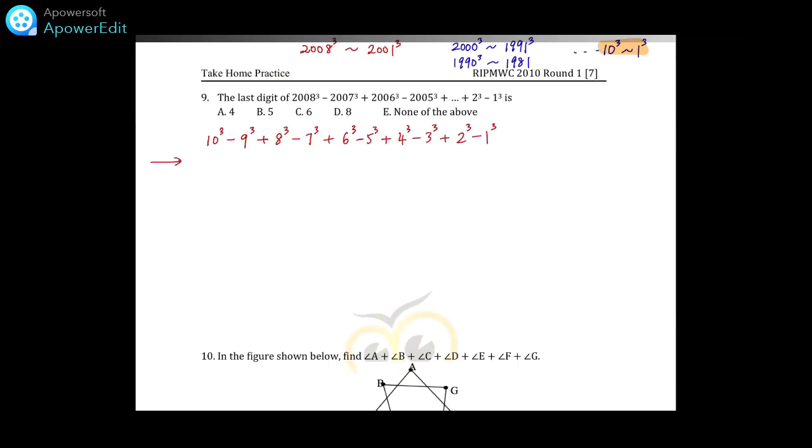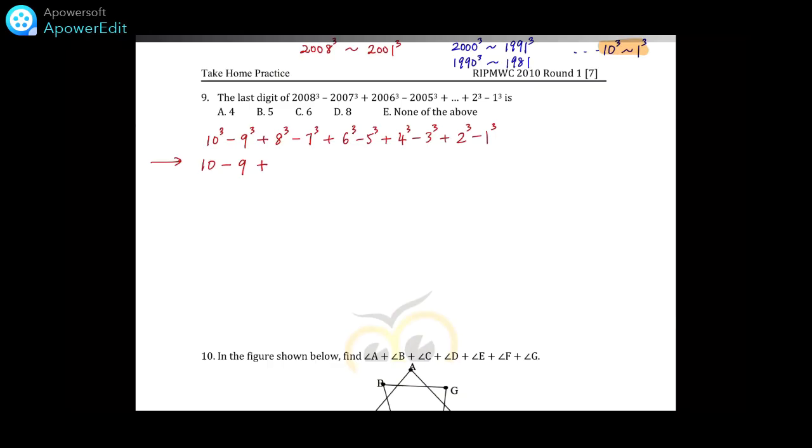Okay, let's look for the last digit. The first one, 10 cube, ends with 0. Now 9 cube: 9 times 9 is ending with 1, then 1 times 9 ending with 9 again. The last digit is a 9.